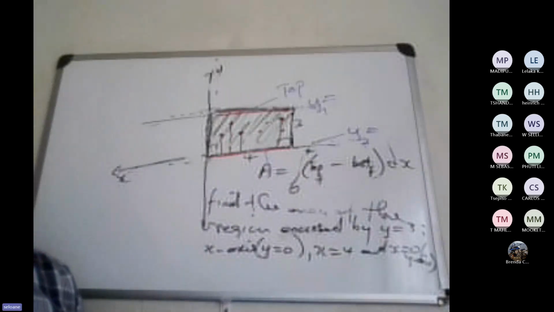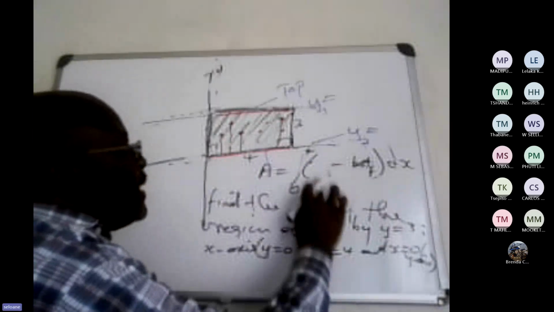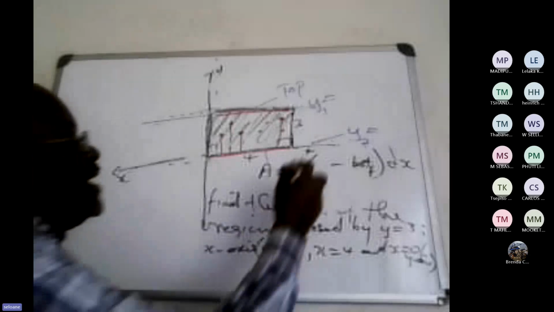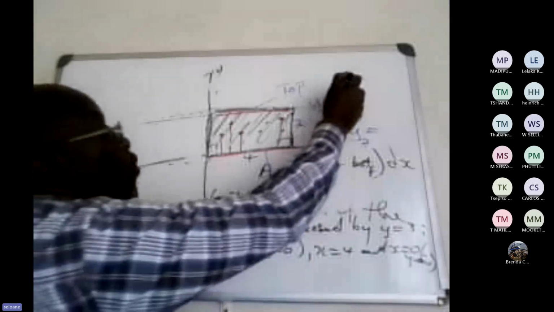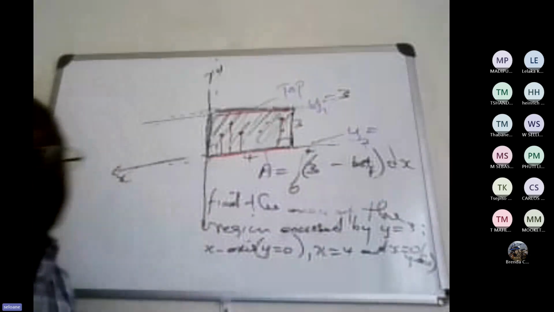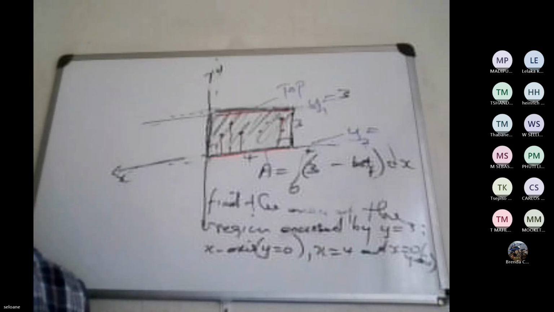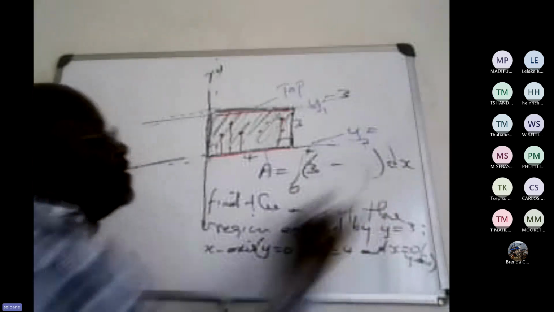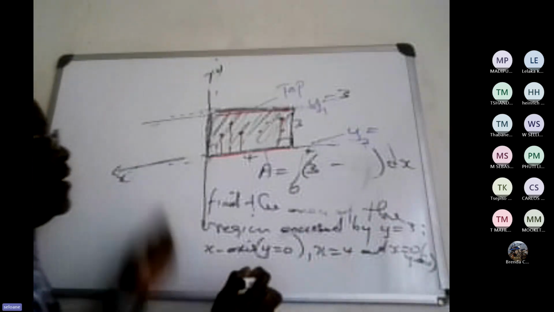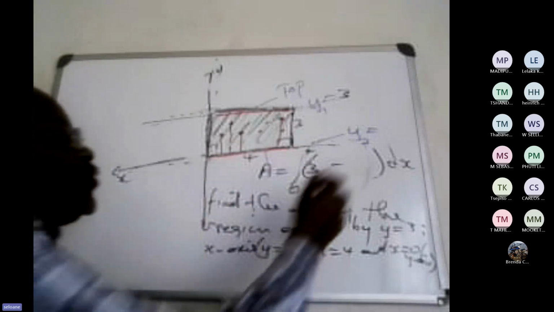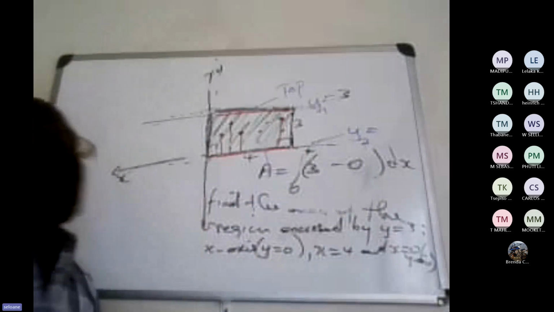Then from here, what is the top function? It is y equal to 3. Then you write 3. Then this one here is the x-axis, which is y equal to 0.